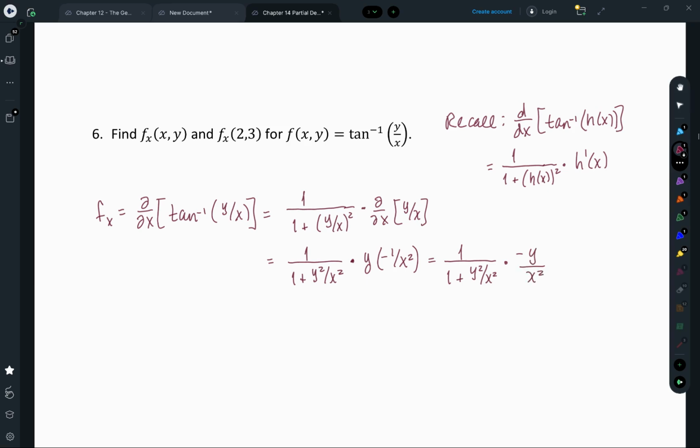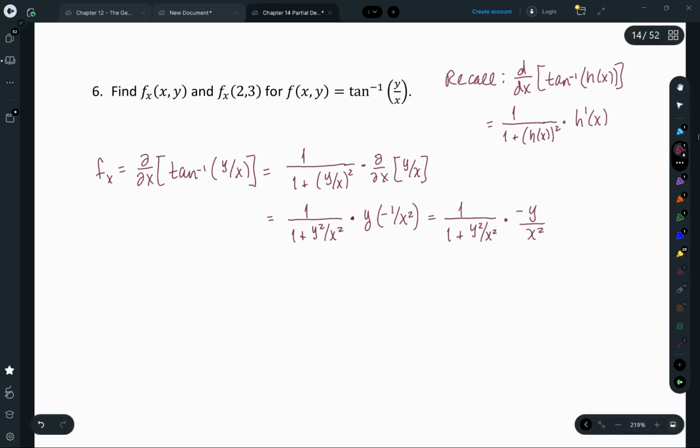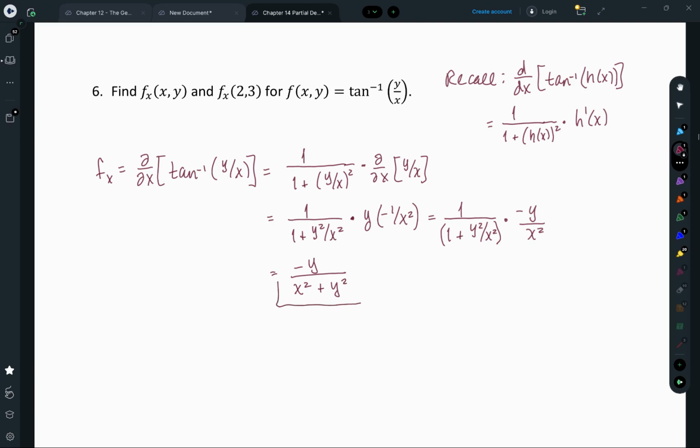And with fractions, when you multiply, you go tops with tops, bottoms with bottoms. And so this becomes negative y over, and that x squared is going to distribute to the whole bottom, 1 plus y squared over x squared, and become x squared plus y squared. So this is our f sub x of xy. Now they want us to find f sub x of 2, 3.